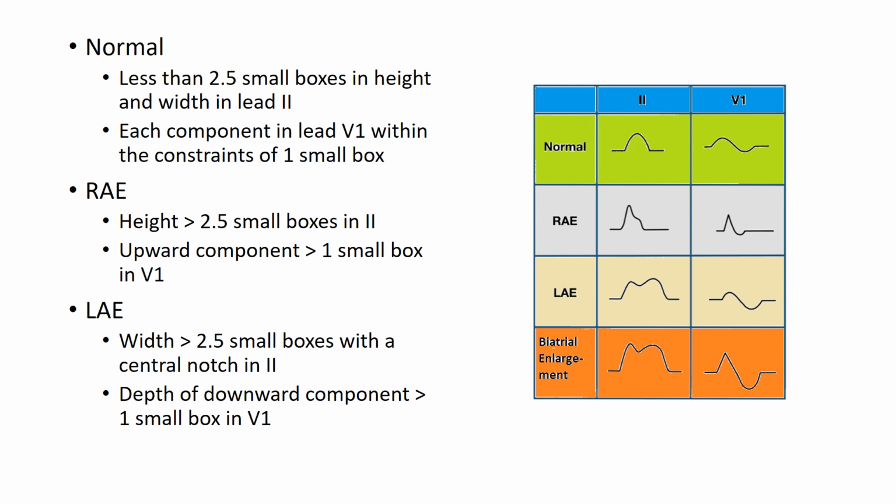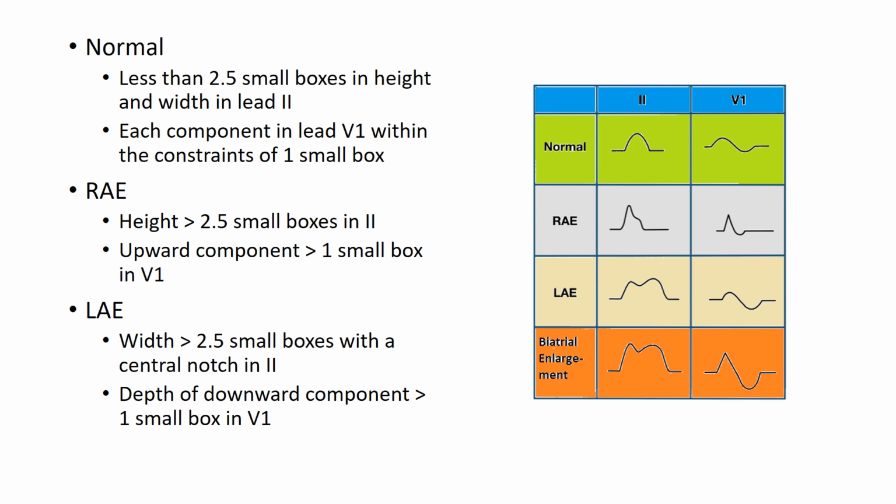The normal P wave is less than 2.5 small boxes in height and width in lead 2, and each component, the upward component as well as the downward component in lead V1, is within the constraints of one small box.